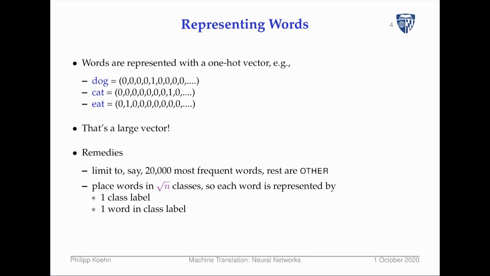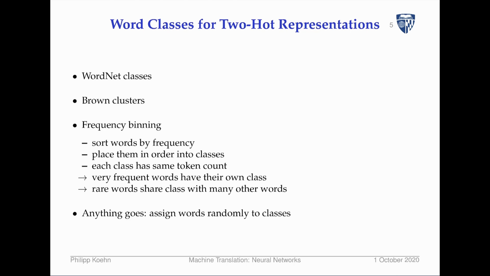That actually saves quite a lot of time. What kind of classes could you use for these two one-hot representations? There are two, one for the class, one for the word. You could do WordNet classes, Brown clusters, frequency binning, all kinds of things have been tried, and they all seem to work equally well.